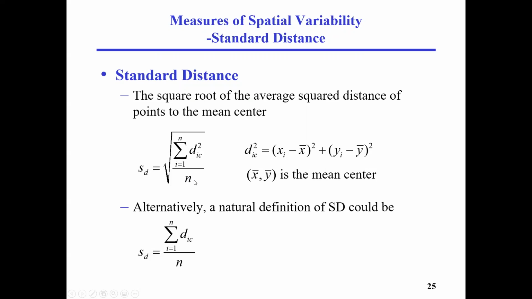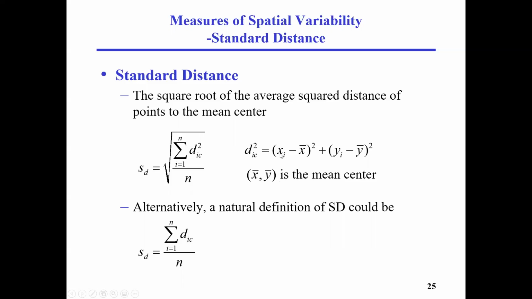So here N, again, N is just the number of observations, right? DIC is something new. DIC square. DIC itself is actually the Euclidean distance between point I and the mean center of the polygon. If you square it, it's DIC square.